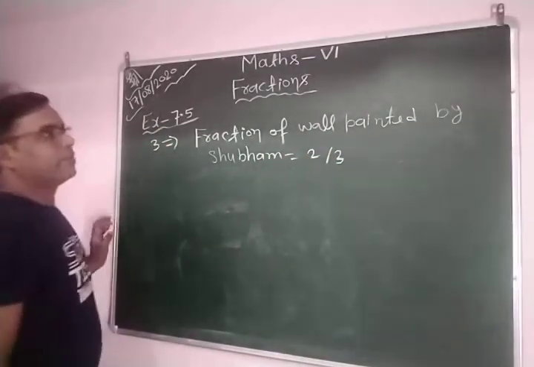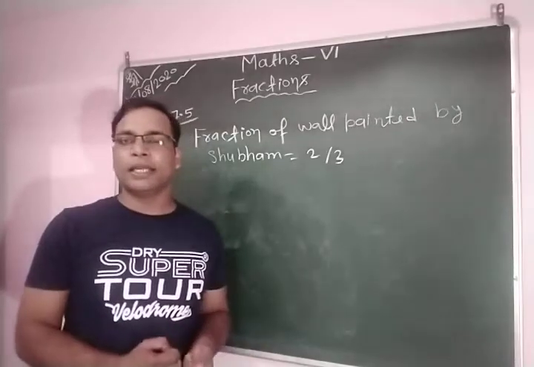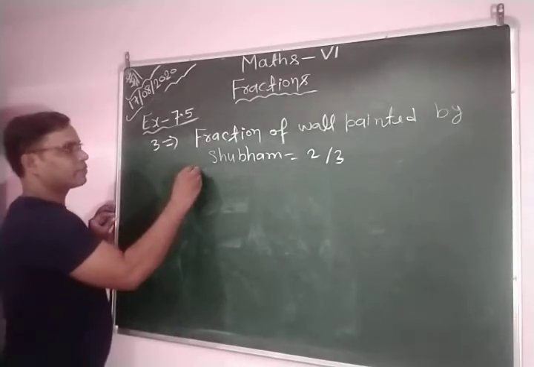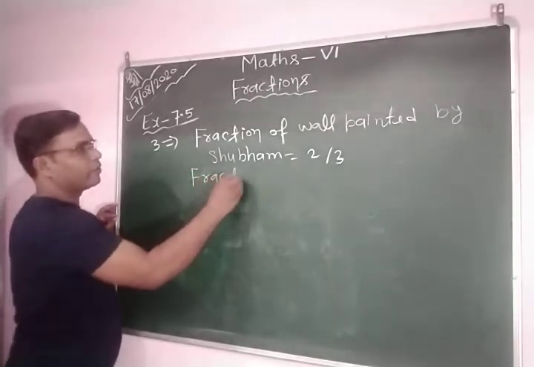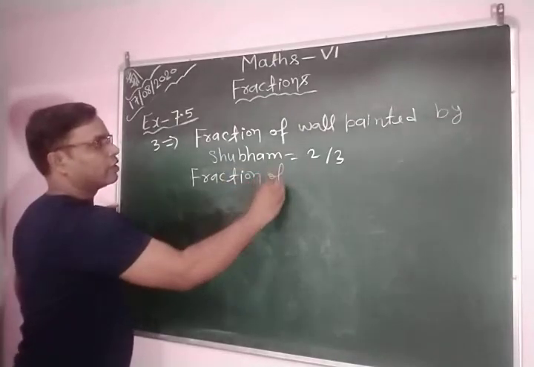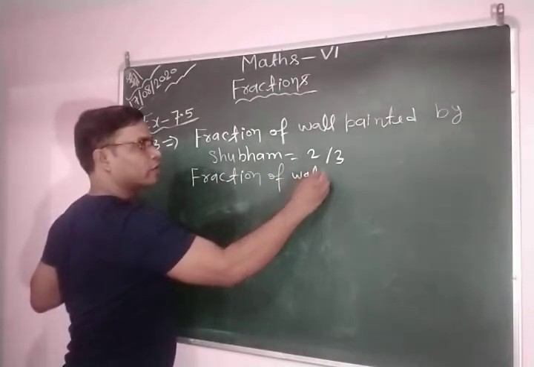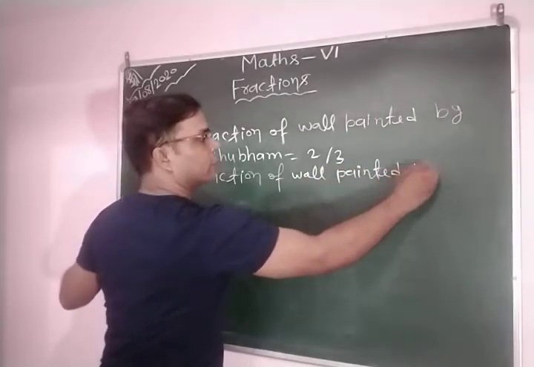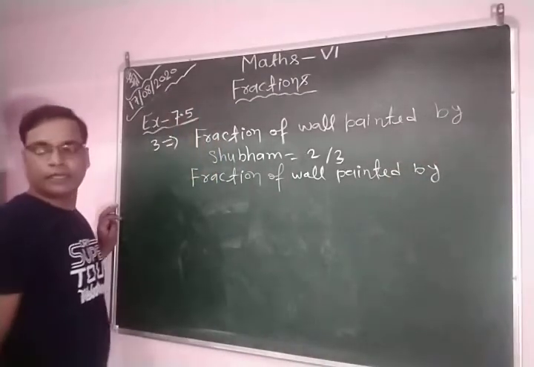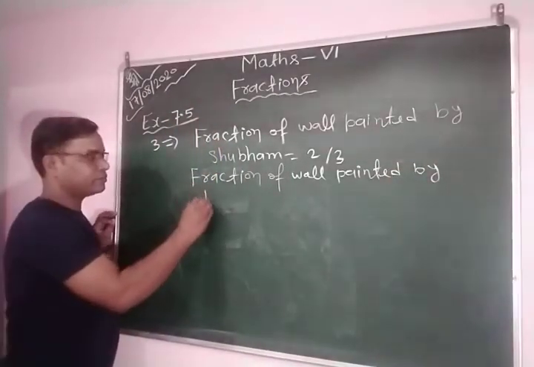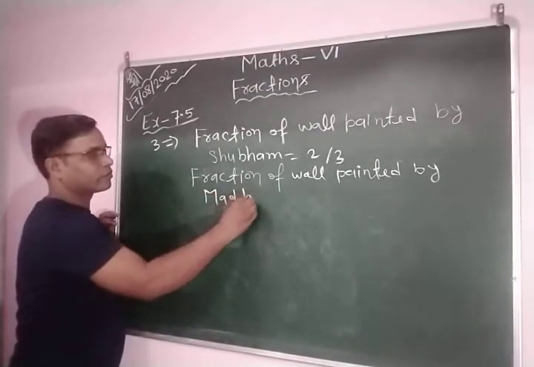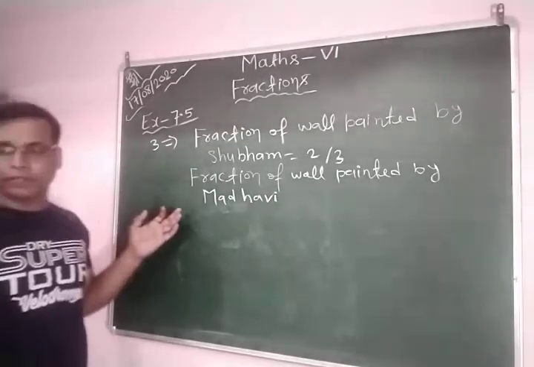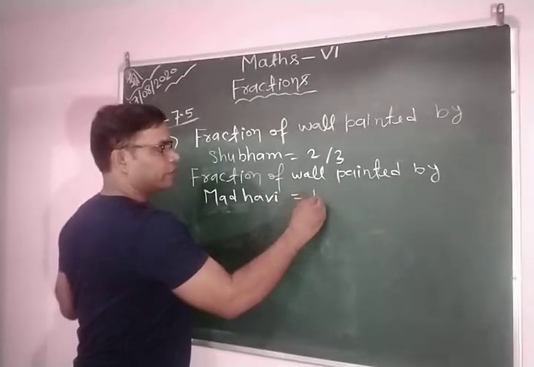The fraction of wall painted by Shubham is 2 by 3, and the fraction of wall painted by his sister Madhvi is equal to 1 by 3.